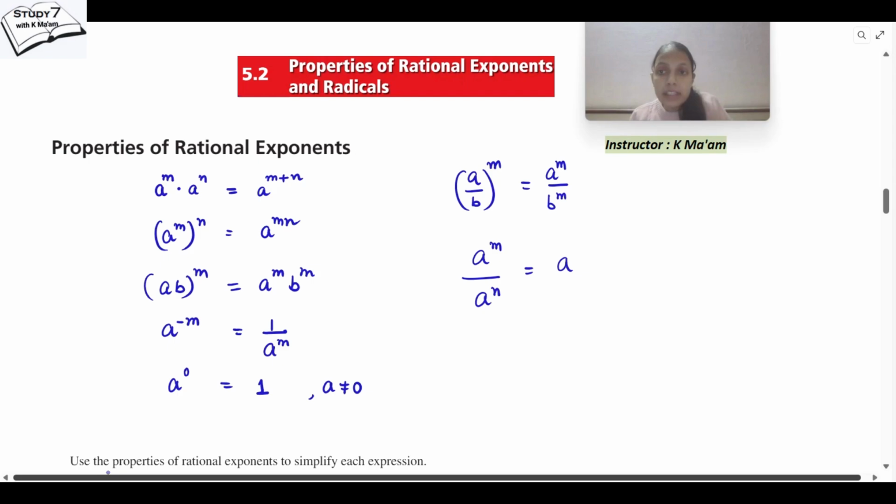The denominator power should go to the numerator and change to negative. It will be a to the power m minus n. And if the denominator is 0, the term is not defined. So in the first case, b cannot be 0, and in this case, a cannot be 0.